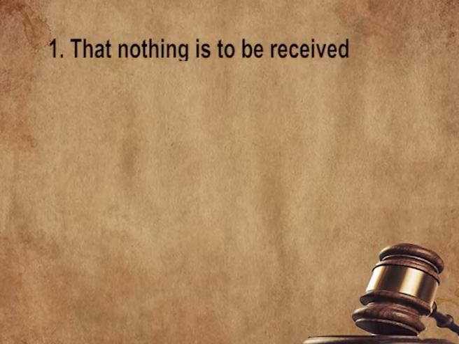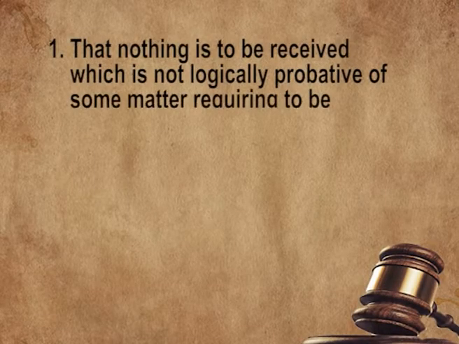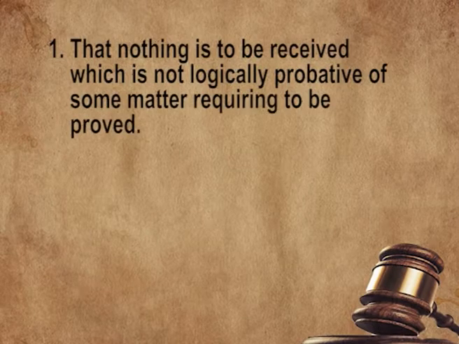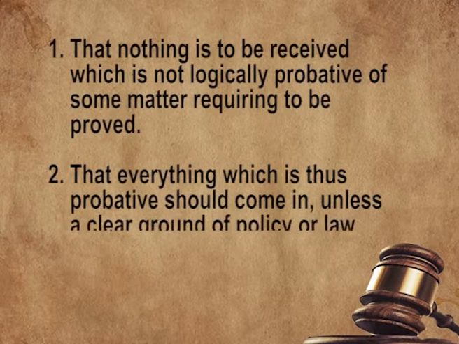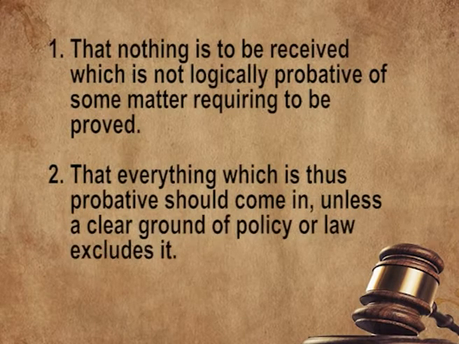Two leading principles on relevance. First, that nothing is to be received which is not logically probative of some matter requiring to be proved. And second, that everything which is thus probative should come in unless a clear ground of policy or law excludes it.